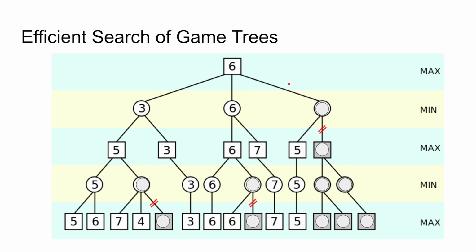Okay, so that is the algorithm for efficiently searching game trees. This has a name. It's called alpha-beta pruning. It's sort of one of the early on algorithms in this sort of searching a tree ideas for doing this sort of game thing.